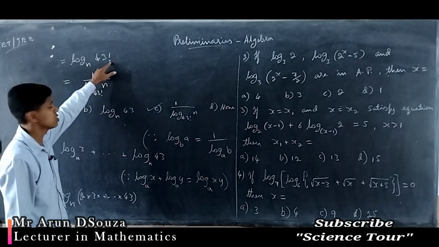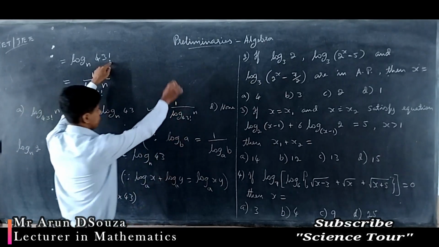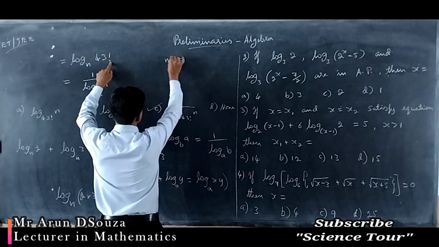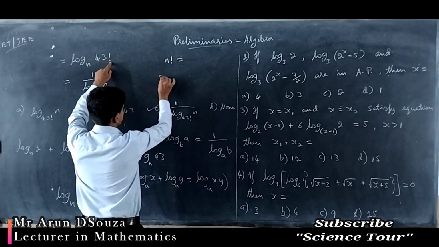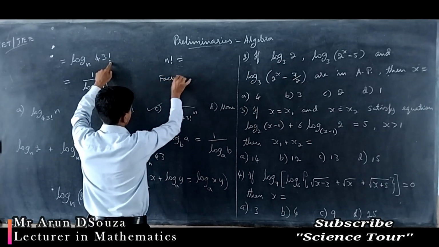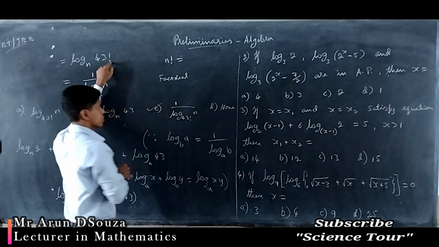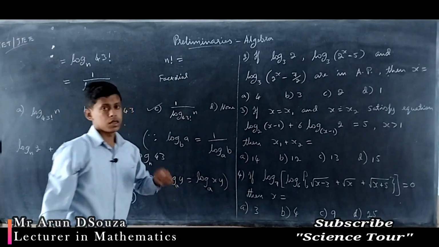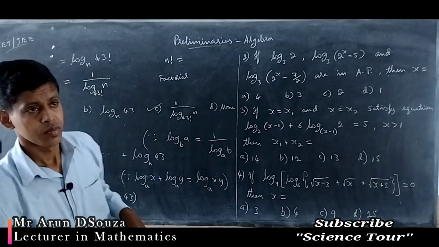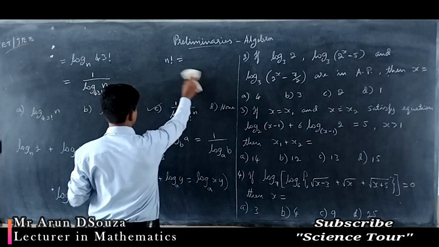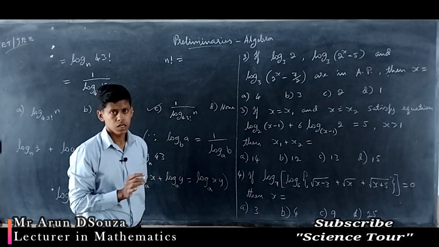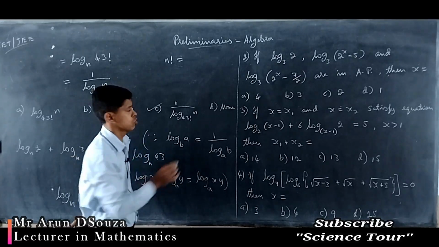Now what is the meaning of this exclamatory mark? You may think that is an exclamatory mark, but it is not. This is n factorial. Now what is the meaning of this n factorial? It means that it is the product of first n natural numbers.